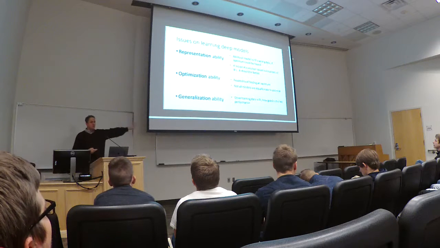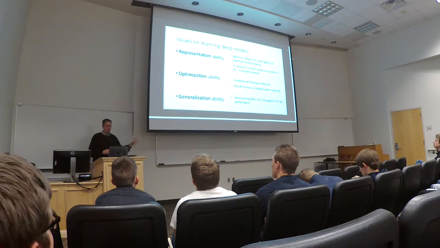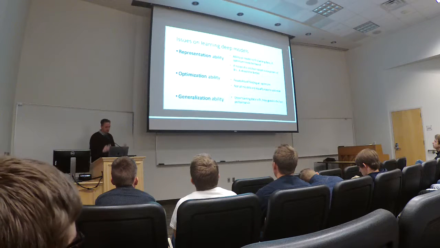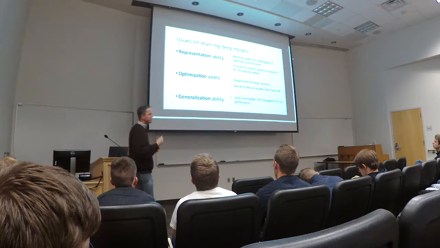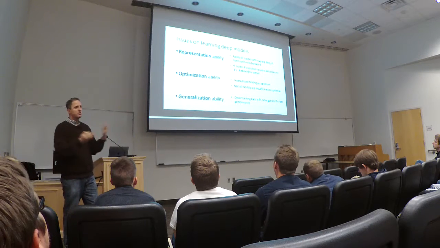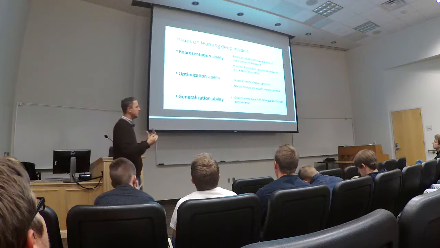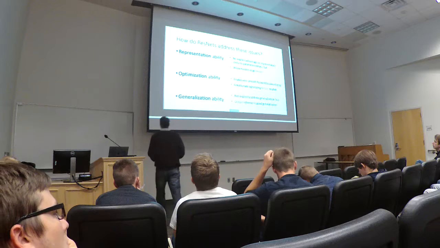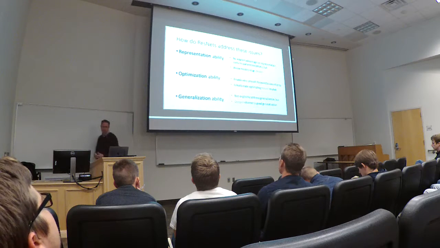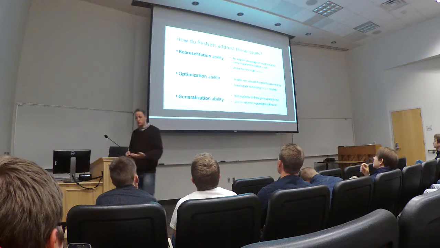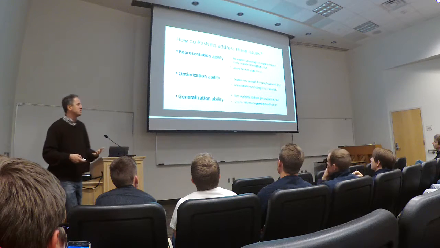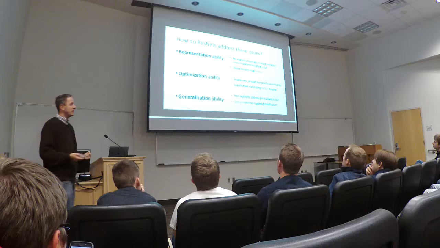Not all models are equally easy to optimize. And then there's generalization ability. Once you've found an optimum, how well does it perform in terms of generalization? We can evaluate topologies on all of these dimensions, and it's important to think about all of them in concert. So how do ResNets impact all of these? Well, in terms of representation, it allows us to go deeper. That means we are able to introduce more parameters, and hopefully we're able to represent more complex things.